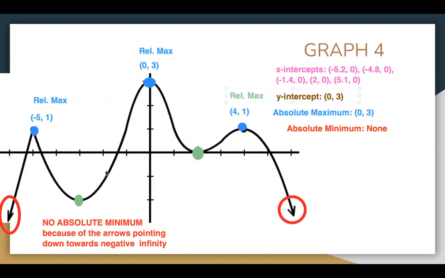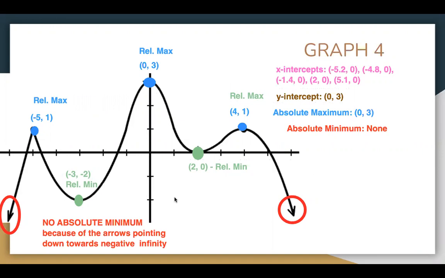Now, as for our relative mins, we have -3, -2 as a relative min, and 2, 0 is a relative min. So those are all of our key points for graph number 4.